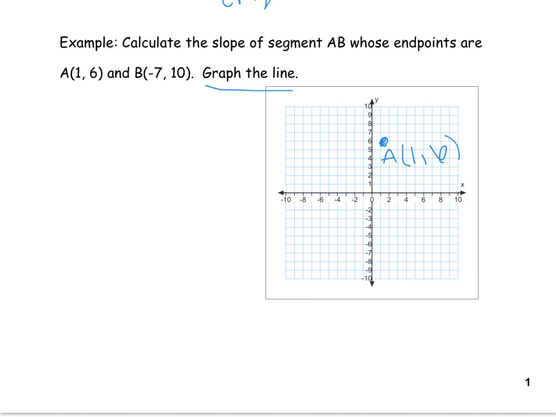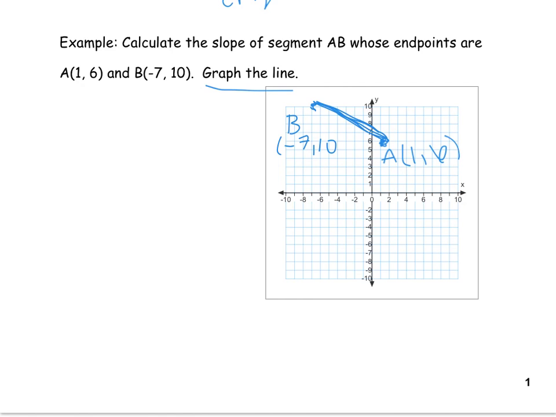Then the next point is at x -7, and y 10. So y 10 is here. That's where our next point is going to be. And I will also label that one B with its coordinates, -7 and 10. And then you should take a ruler. I unfortunately don't have a ruler on this whiteboard application, so I'm just going to draw it. You should be taking a ruler to draw a nice straight line.